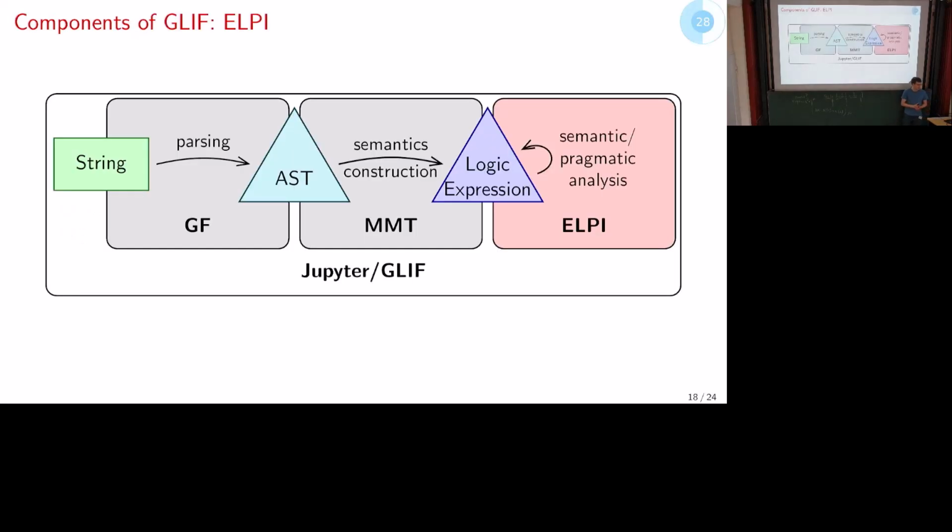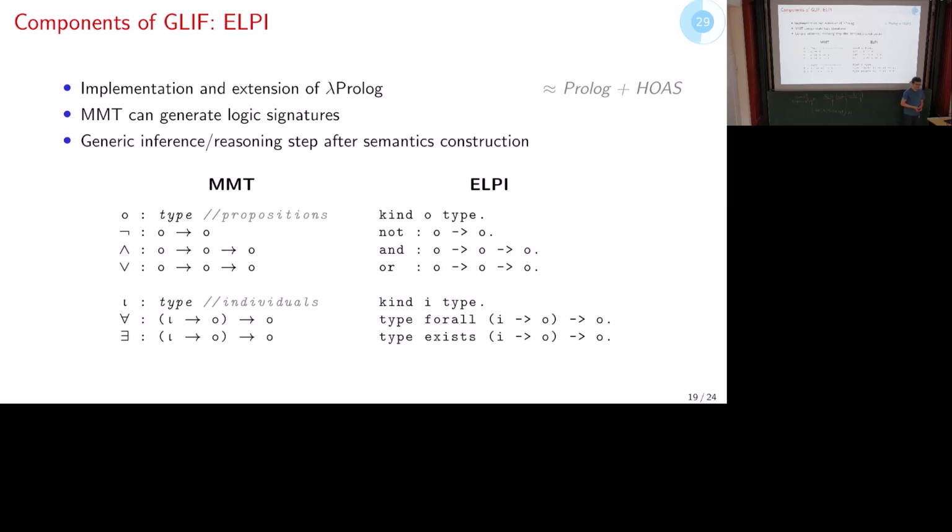So the last thing I want to talk about is this third component we have. That is LP. I think it was presented here in the past. It's an implementation and extension of Lambda Prolog. So we have Prolog, which is nice for these things, and we also have lambdas, which is really useful. We have higher order abstract syntax, we can do binders and so on.